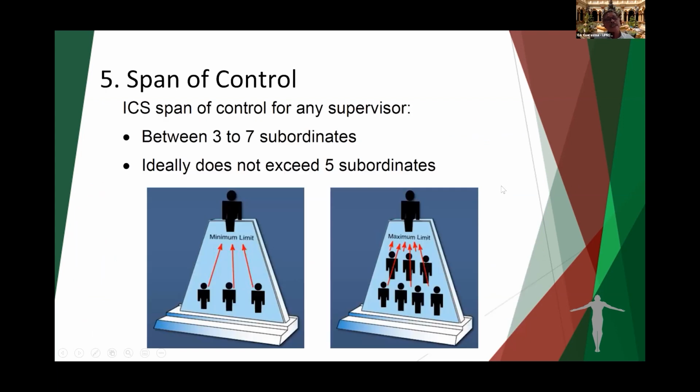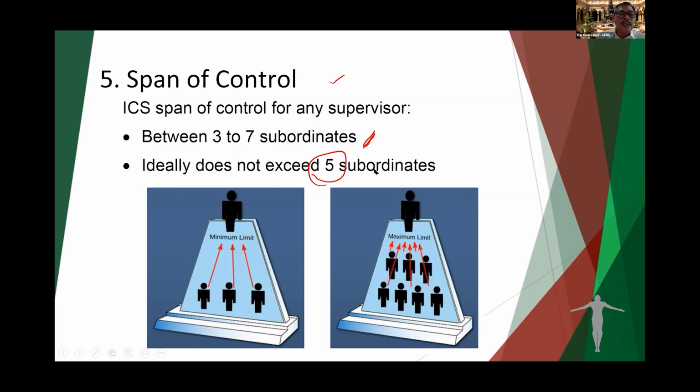Now, the fifth characteristic of an ICS is that it has a very good span of control. In the ICS span of control for any supervisor, it is optimal that there should be between 3 to 7 subordinates under any supervisor. And ideally, we should have only around 5 subordinates.